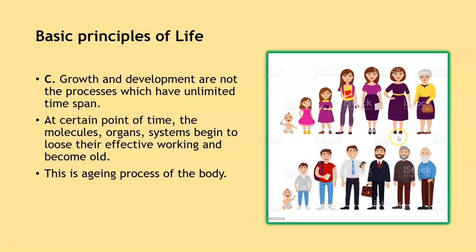We are aging in the process, and you will see the onset of old age at the end of the life cycle. So this growth and development does not have an unlimited time span. It has a very limited time span.